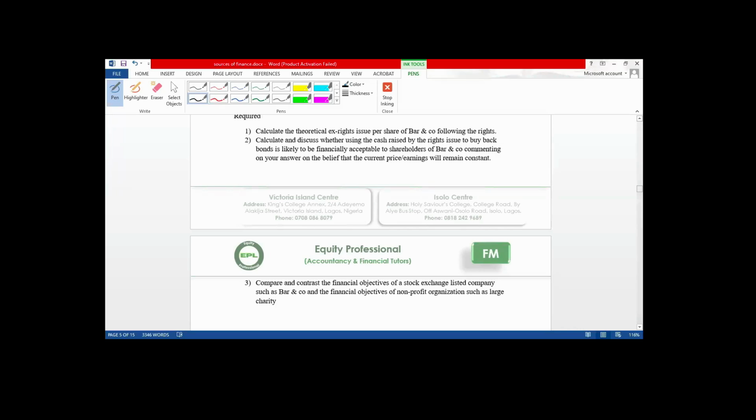Requirement 2 says calculate and discuss whether using the cash raised from the rights issue to buy back the bond is likely to be financially acceptable to the shareholders of Banco. Commenting on your answer on the belief that the current price earning ratio will remain constant.